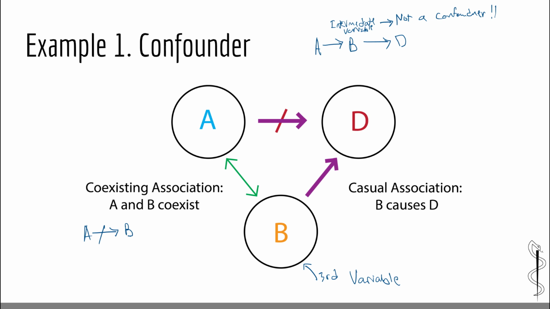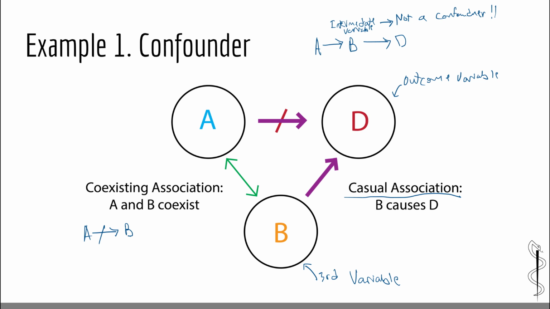That is, people who smoke tend to also drink coffee, but drinking coffee by itself does not cause people to smoke more. On the other hand, what relationship does the confounding variable B have with the outcome variable D? As we said before, the relationship between the confounding variable and the outcome variable will always be a causal association. That is, B causes D, which is represented by the purple arrow.